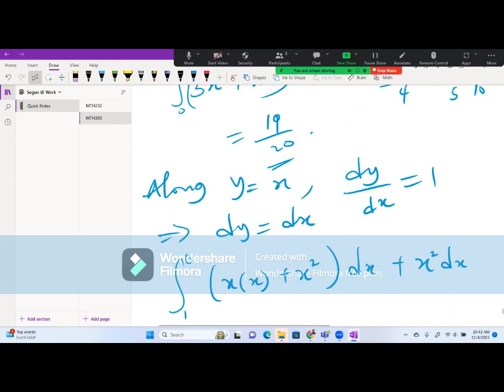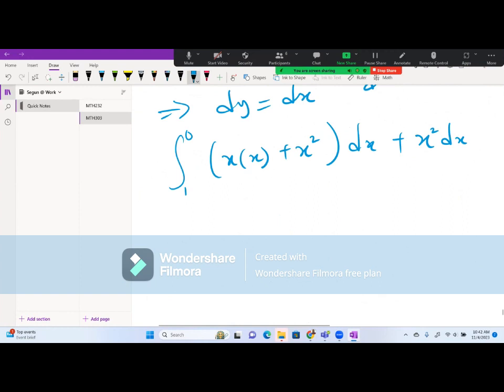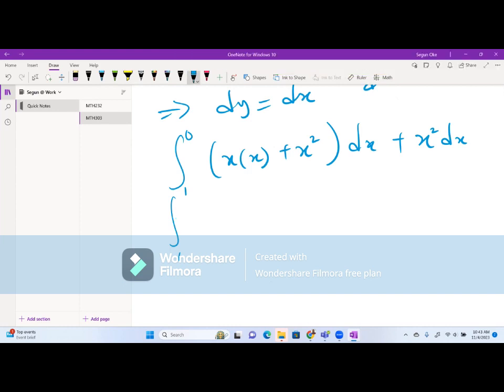But when you add everything together and integrate them, you have 3x squared dx, because 2x squared plus x squared will be 3x squared dx. Integration will be 3x cubed over 3 from 1 to 0. At the end of the day, you have minus 1.